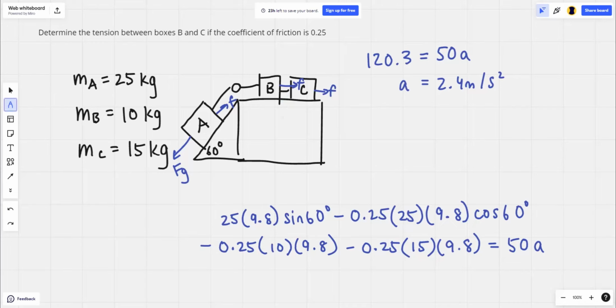So right now, for box C, the only forces acting on it are tension and friction, versus box B, where there's tension on the right, tension on the left, and friction. So box C is going to be easier for us to solve.